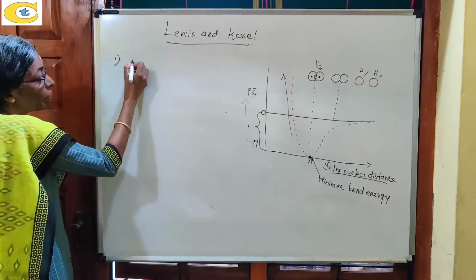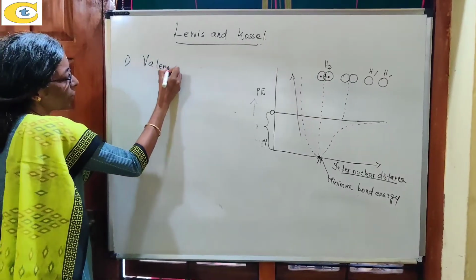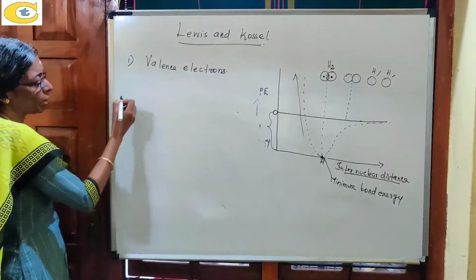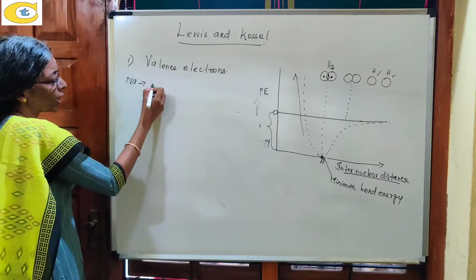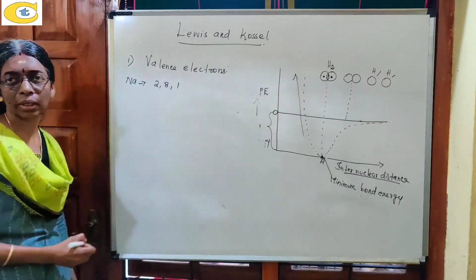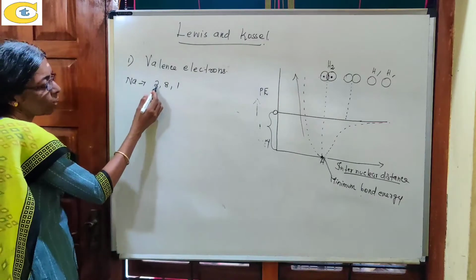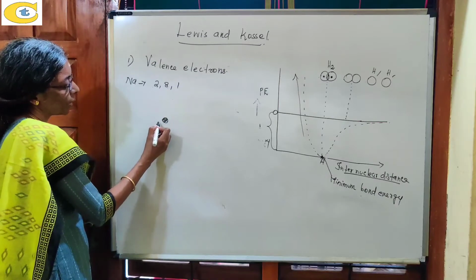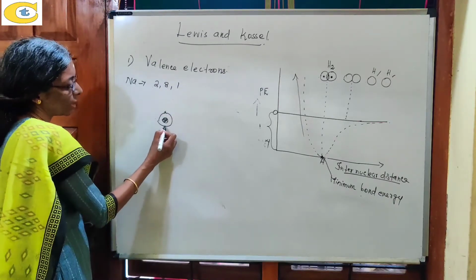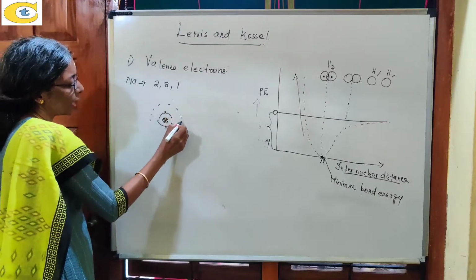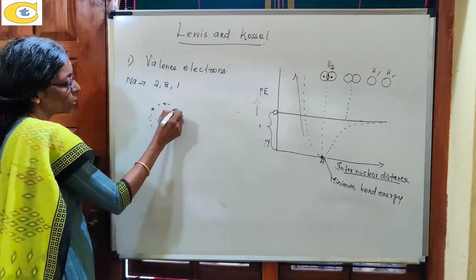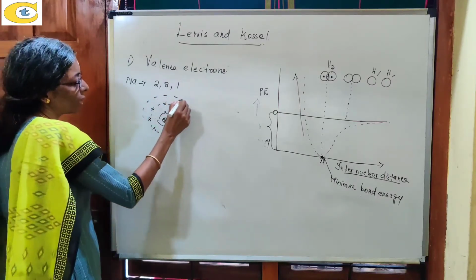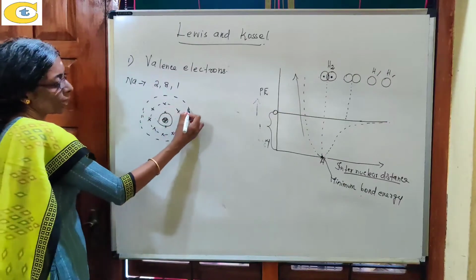They gave importance to valence electrons. Because if you take an atom like sodium, what is the electronic configuration? 2, 8, 1. Suppose this is a nucleus. In the first shell, 2 electrons. The next shell has 8 electrons: 1, 2, 3, 4, 5, 6, 7, 8. The remaining is 1 electron, which is here.